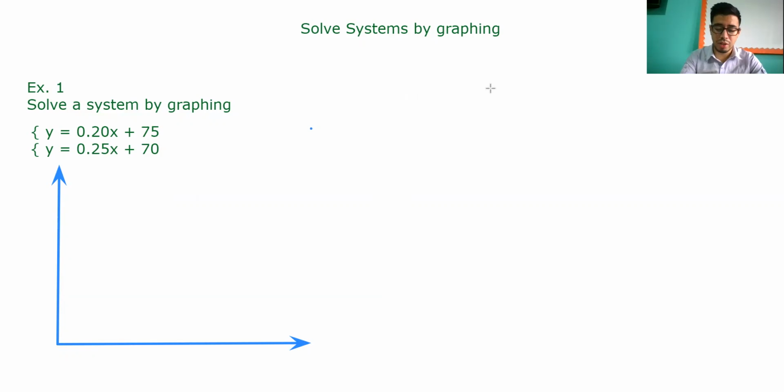So for example, the first one starts in here, something like this. And we have the other line that is something like this. And they have a common point. They have one point where they both intersect. This is going to be our solution in this case.